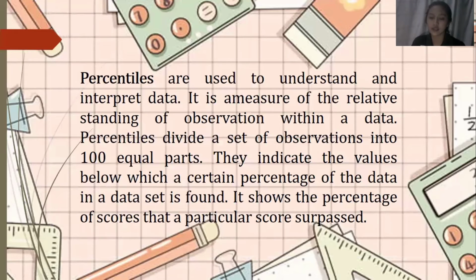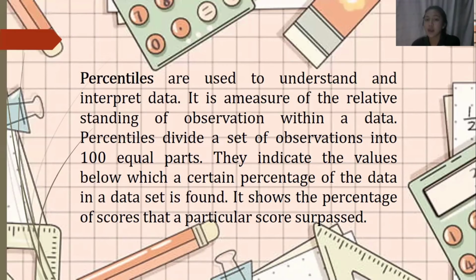Good. Next, let's move to the last measure of position. It's the percentile. So, when you hear the word percent, what number comes to your mind? Very good. 100. Because we have 100%. Tama? So, percentiles are used to understand and interpret data.